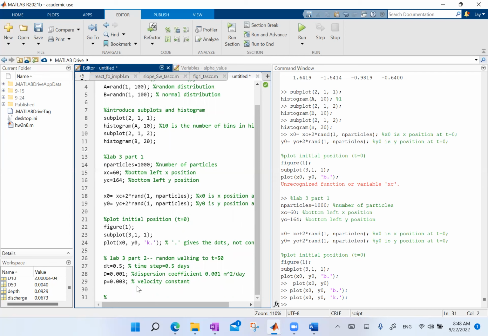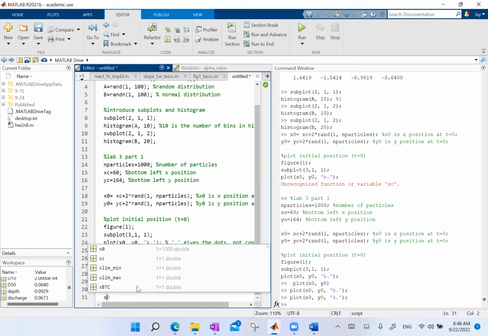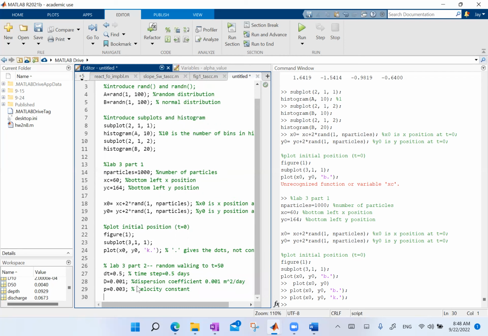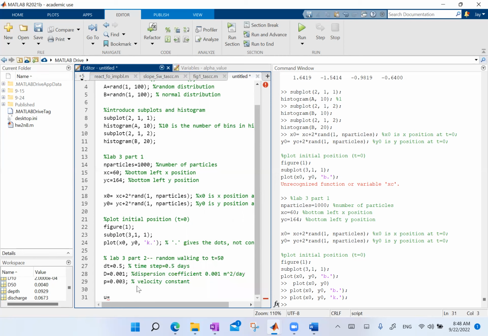So the velocity: u equals p times x. Let me double check, make sure I'm not giving you anything wrong. u is p times x, the velocity in the x direction.